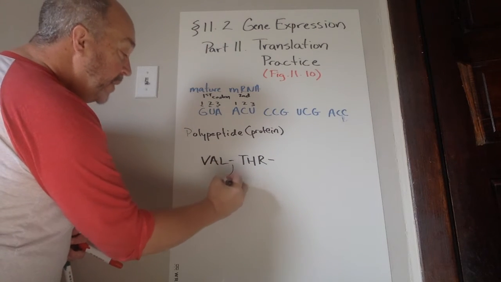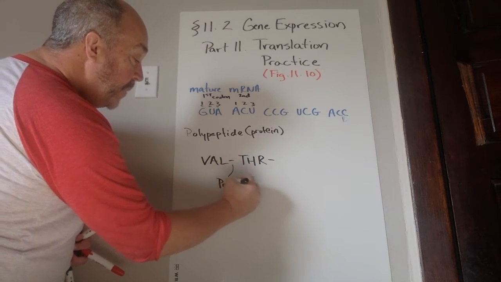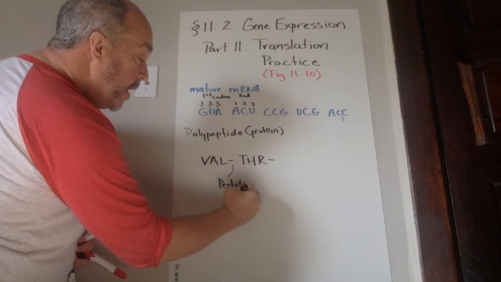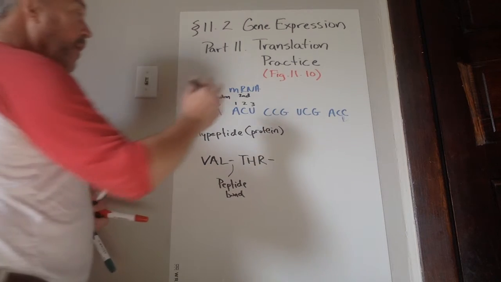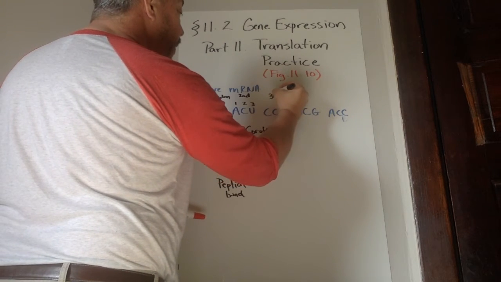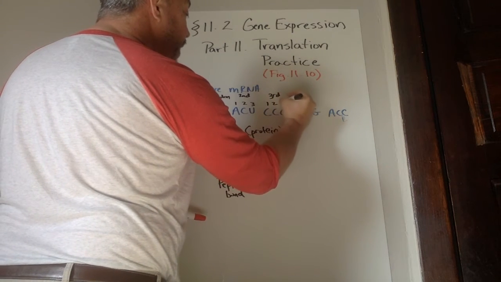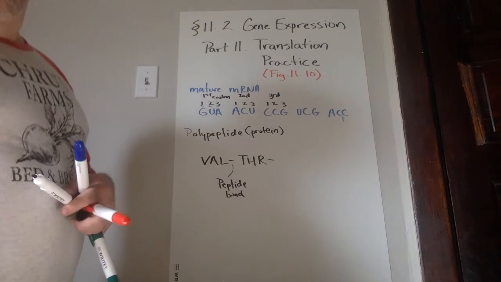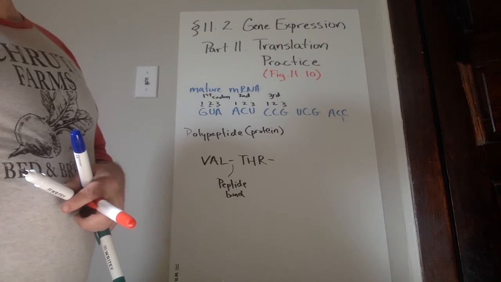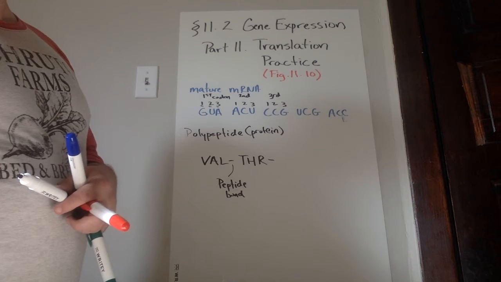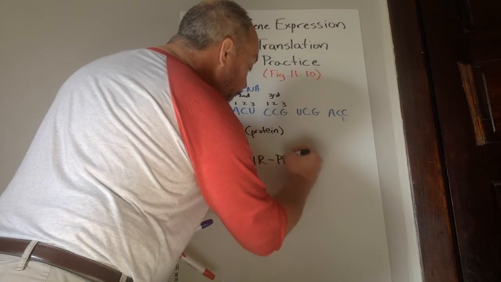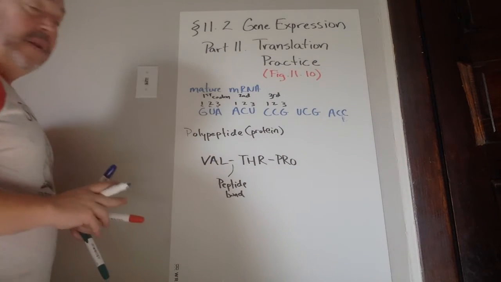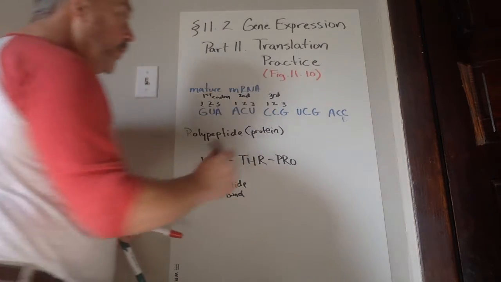This is representing the peptide bond that holds amino acids together. So now we can go to the third codon. First, second, and third spaces. We're going to go to row C, and where it intersects column C, we see that CCG is going to code for proline. So we just put PRO.